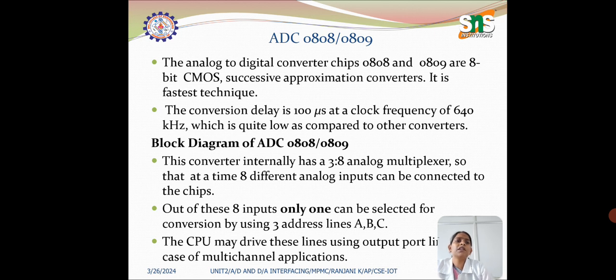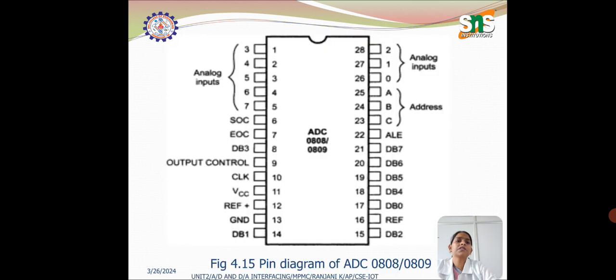The converter internally has a 3:8 analog multiplexer, so that 8 different analog inputs can be connected to the chip at a time. Out of these 8 inputs, only one can be selected for conversion by using 3 address lines. This is the pin diagram of the ADC 0809. Here CLK is the clock, VCC is the power supply, and there is ground.